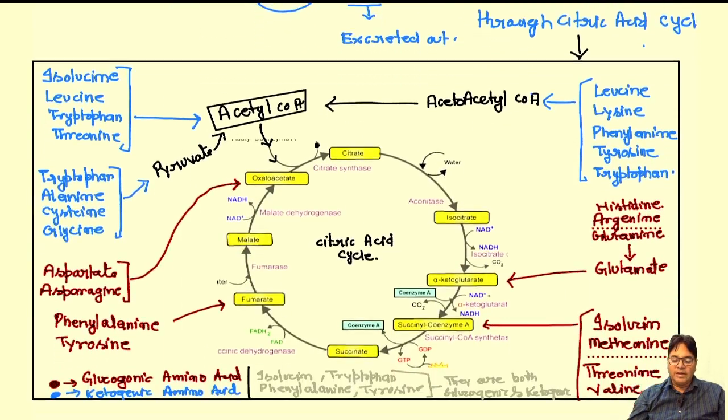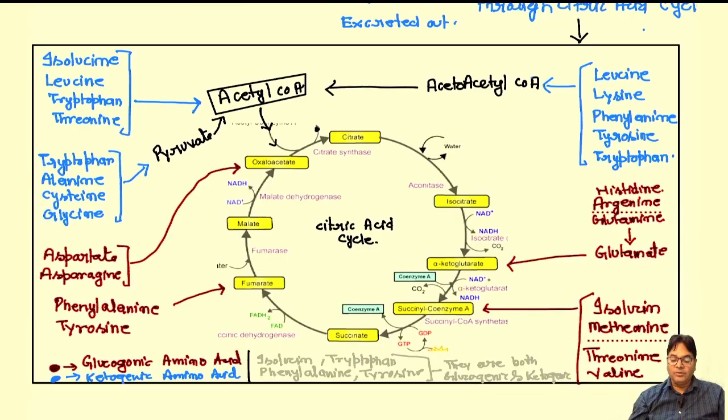If you look at this chart, it shows what happens to these substances. There are different amino acids like leucine, lysine, phenylalanine, tyrosine, tryptophan. Some of the amino acids I have written in blue color, while the rest of the amino acids and substances I have written in red color. The blue ones are ketogenic amino acids.